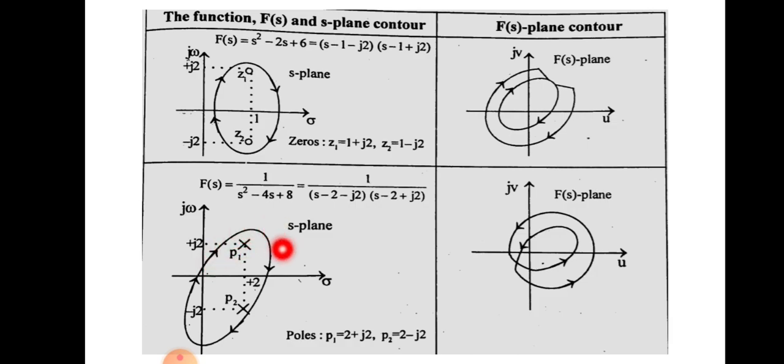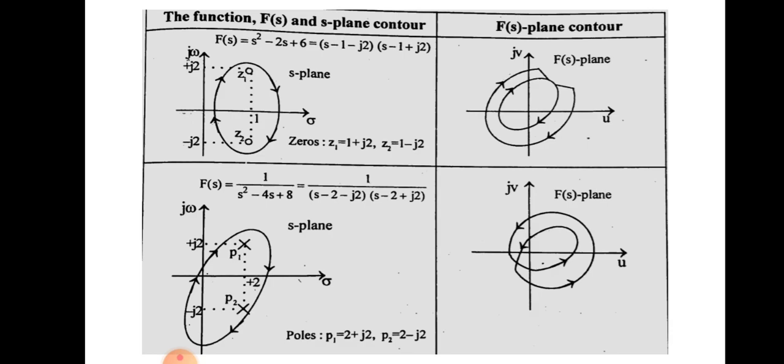You can see that the s plane contour encloses these poles, and corresponding to this s plane contour, the f of s plane contour is shown here, and you can see that it is encircling the origin of the f of s plane 2 times. So we can conclude that if the s plane closed contour encloses p number of poles in the right half of the s plane, then the corresponding contour in the f of s plane will encircle the origin of the f of s plane p times in the anti-clockwise direction.